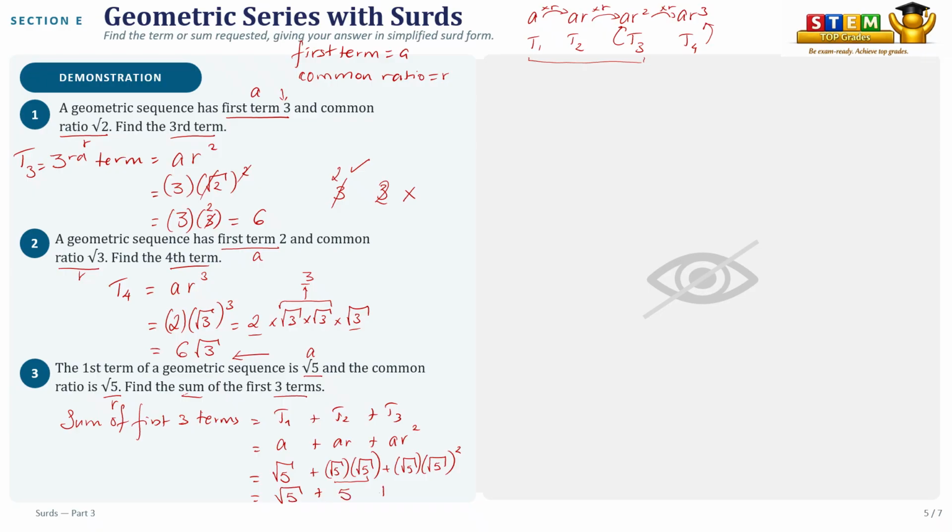And that one is going to give me, that square cancels out the square root, so that gives me just 5, and that gives me 5 root 5. And the final answer now is, if we collect like terms, so these two are like terms, like surds, so you're going to have 5 plus, remember that is an invisible 1 here, 1 plus 5, that's 6 root 5. Okay, so that's the answer to this question.